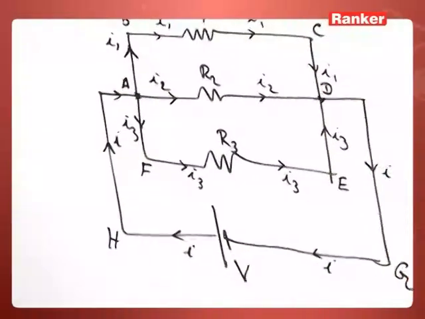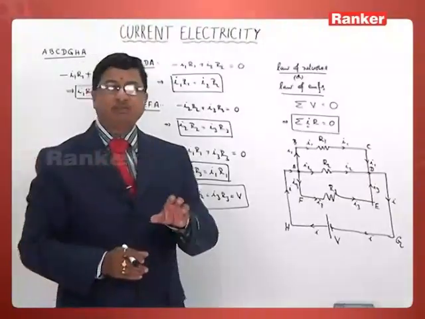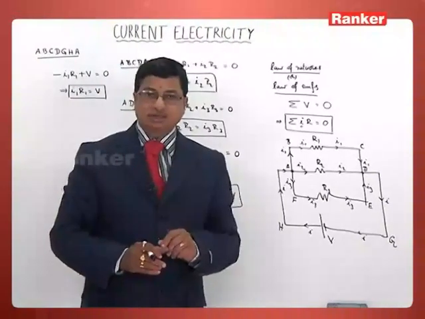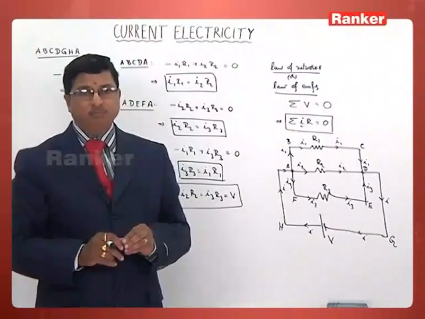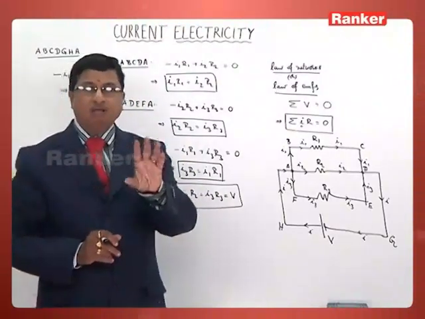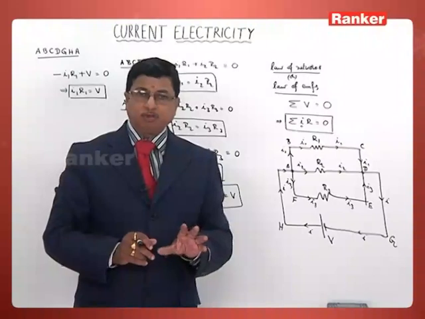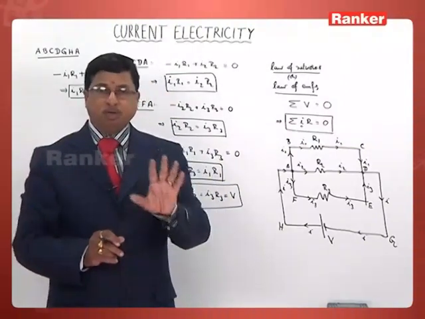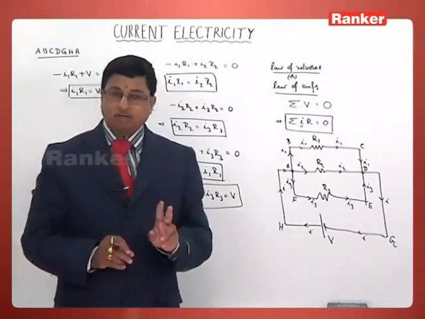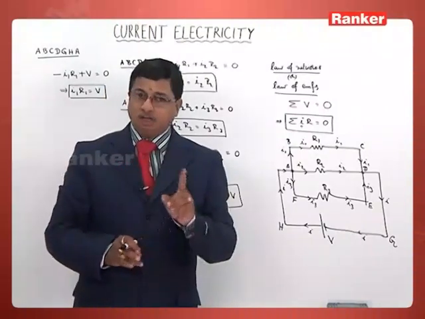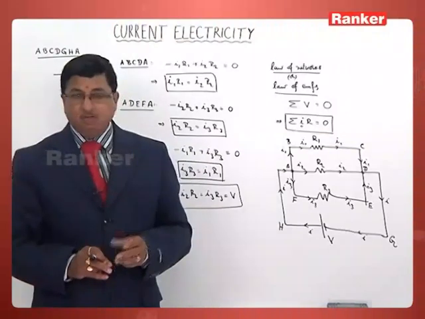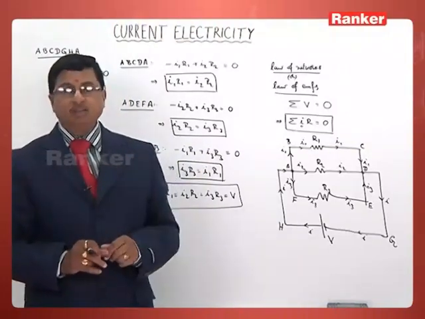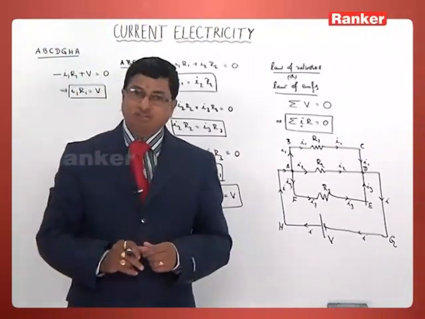So what ultimately we have to remember as far as Kirchhoff's laws are concerned? First and foremost, they are easy to apply and they will make your calculation much easier. You can analyze the entire circuit by parts. And second aspect, the first law is a direct application of the law of conservation of charge, whereas the second law is the law of conservation of energy in this case.